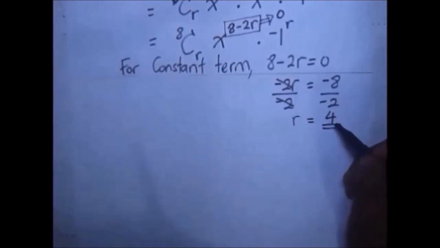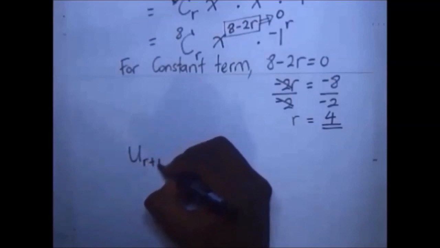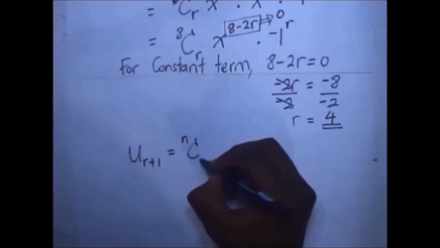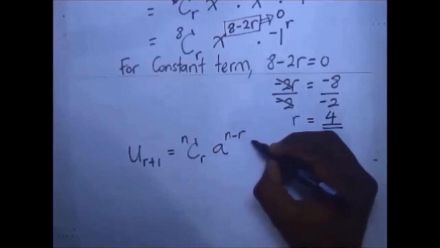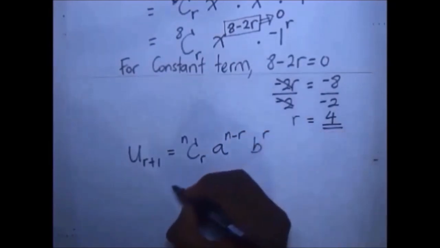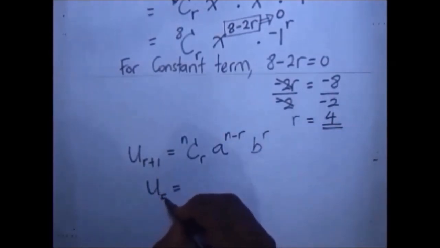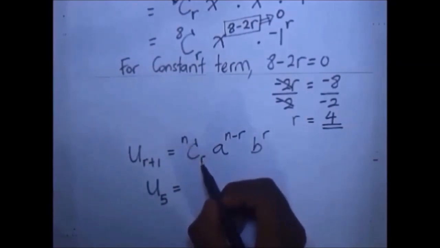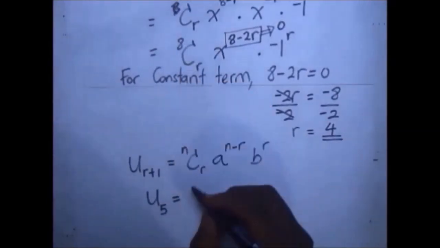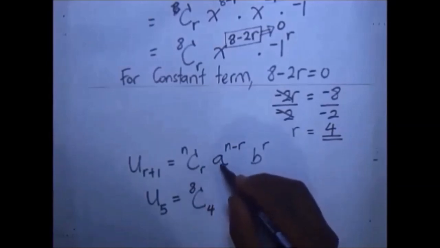So meaning that if our value of r is 4, we can now find the coefficient. Looking at the term U_(r+1), it is going to be equal to n combination r, a to the power n minus r times b to the power r. Here r is 4, so our fifth term is going to be 8 combination 4 times our value of a.